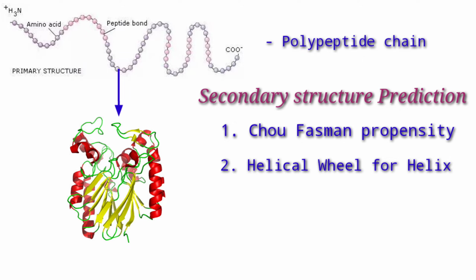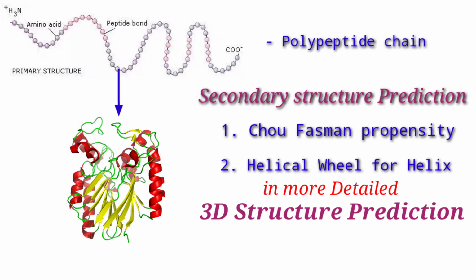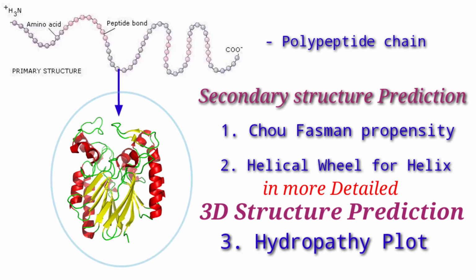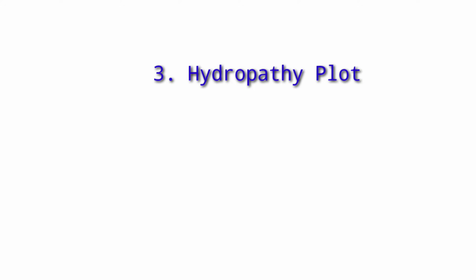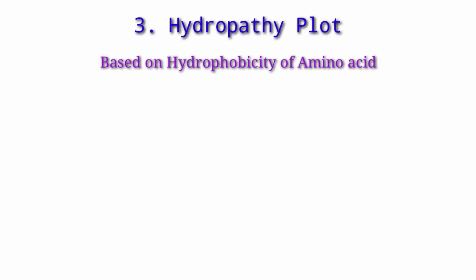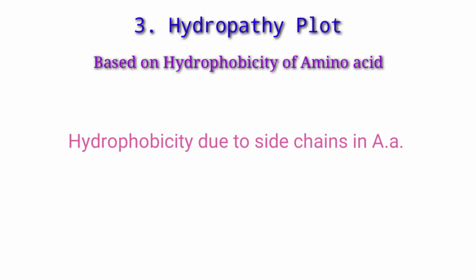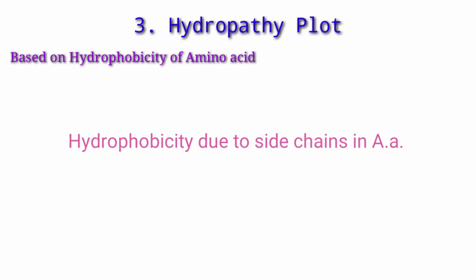But beyond this, we can go into more detail about the tertiary structure of proteins from a three-dimensional point of view. We have to study the hydropathy plot for a particular protein. This hydropathy plot is based on the local hydrophobicity of the amino acid chains present in that protein.